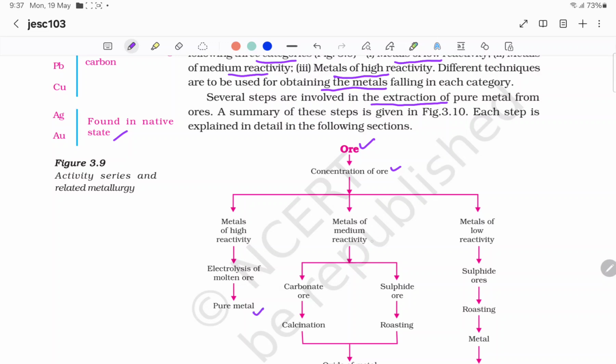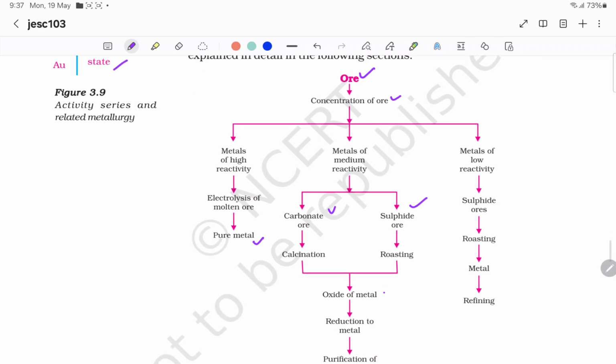Then metals of medium reactivity are found as a carbonate ore or a sulfide ore. We first have to convert them into the oxide of the metal. For carbonate ore, calcination, that is heating in the absence of air, and for sulfide ore, roasting, heating in the presence of air, and we get the oxide.